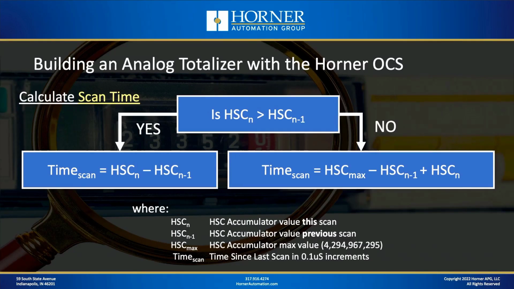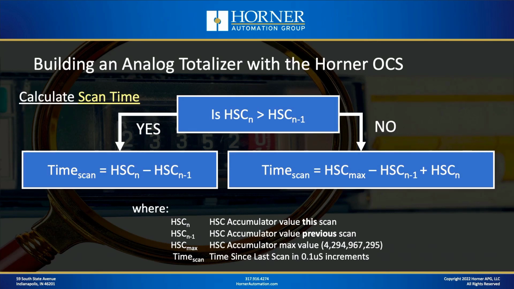Generally, that calculation of time is very easy. We take a look at that accumulator this scan, compare it with the accumulator last scan, and just subtract the two. That gives us our elapsed time in tenth of a microsecond increments. However, we have to look out for the situation where that accumulator has rolled over, because it goes up to a very large value and then eventually will roll over.